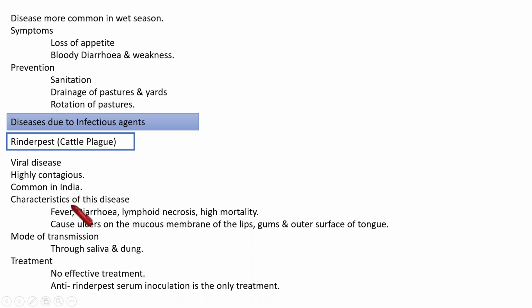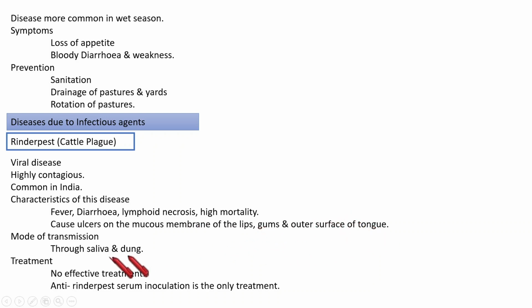What are the characteristics of this disease? Once the dairy animal is affected by this virus, they will have fever, diarrhea, lymphoid necrosis, high mortality, and also certain ulcers will develop in the mucous membrane of lips, gums, and outer surface of the tongue.